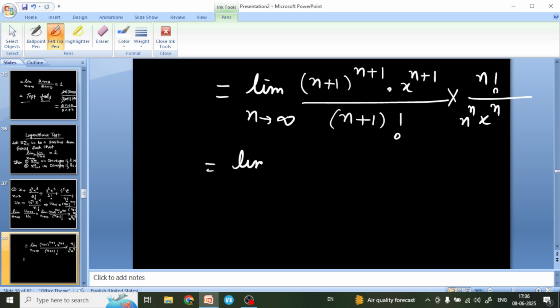I am writing the previous statement again so that we can easily solve it. Now I am going to solve it. As n tends to infinity, first take the common value here, n raised to power n and x raised to power n common.